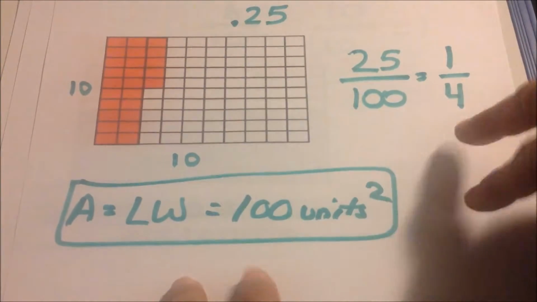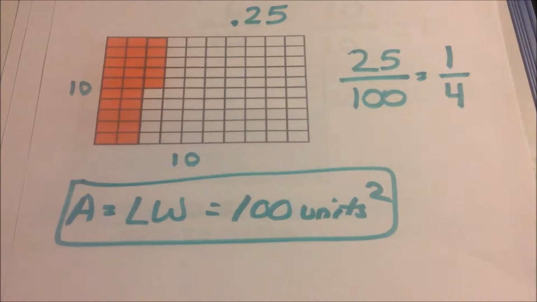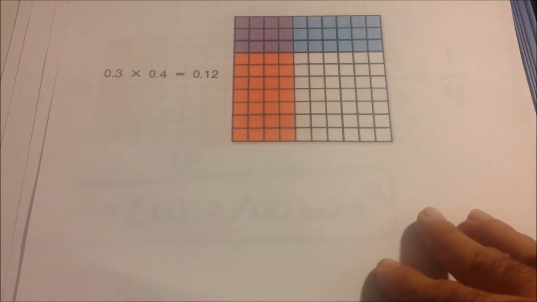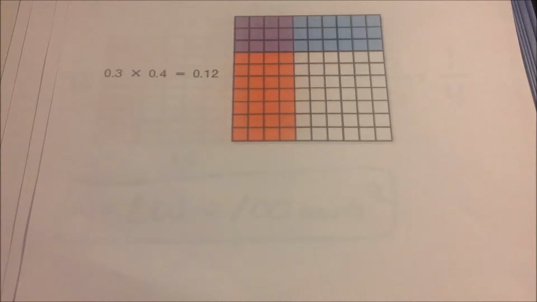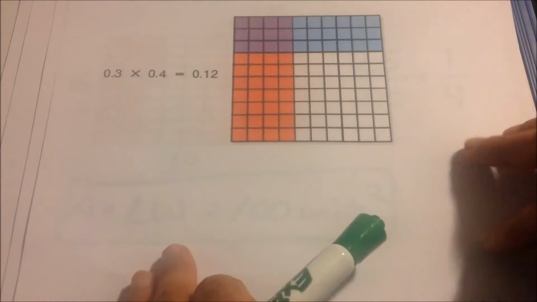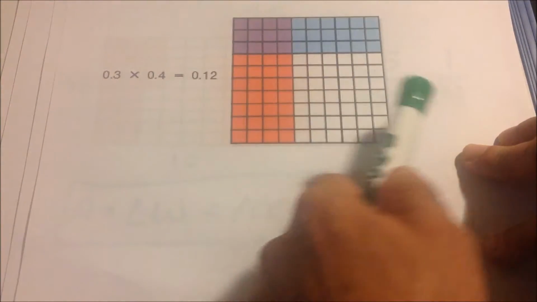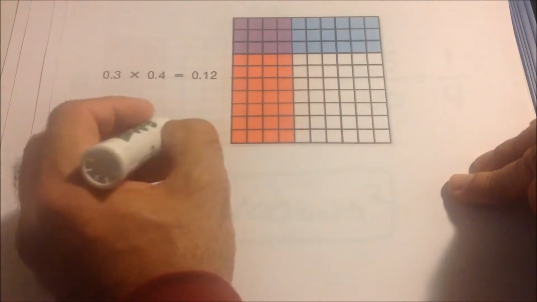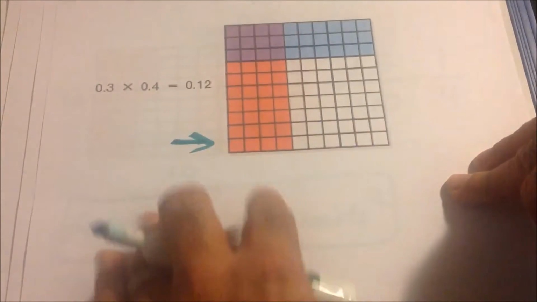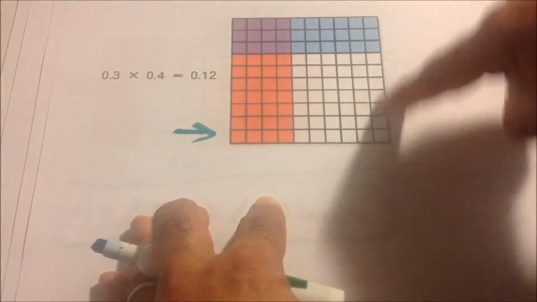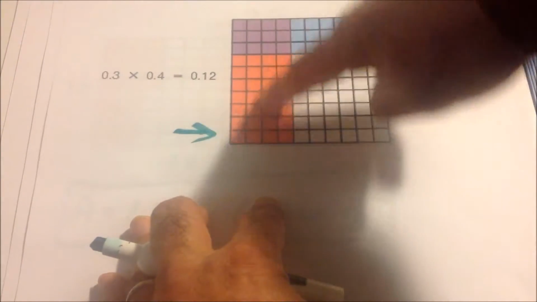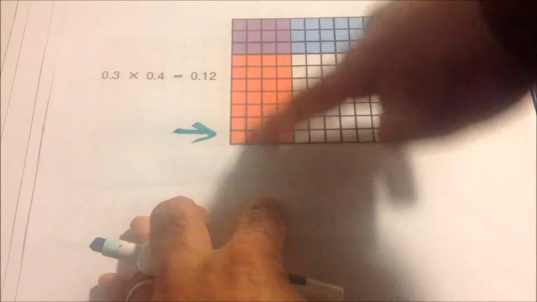Remember, decimals are fractions. In the last video, we multiplied fractions, and we briefly did models at the end of the video. So here we have 0.3 times 0.4. First we did 10 boxes of 0.4, or 0.3. It doesn't matter with multiplication. The red is 0.4. Initially we started with 10 long boxes and filled them in with red.